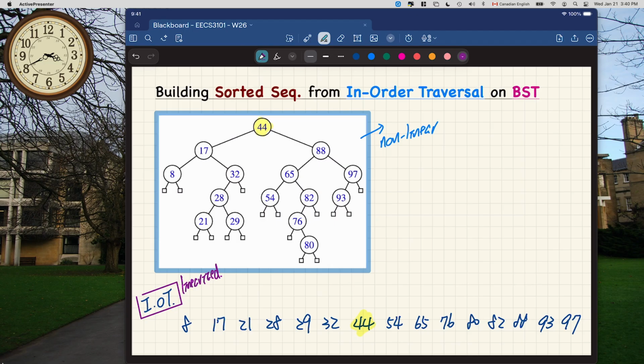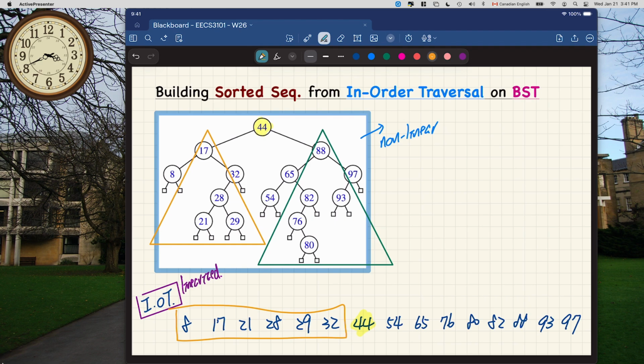If you look at, for example, this left subtree over here, and also you look at this right subtree right here, not surprising, the orange one here is corresponding to this sequence right here. And the right subtree is linearized into this particular sequence. You can double check, right?